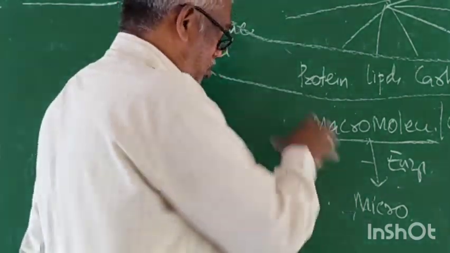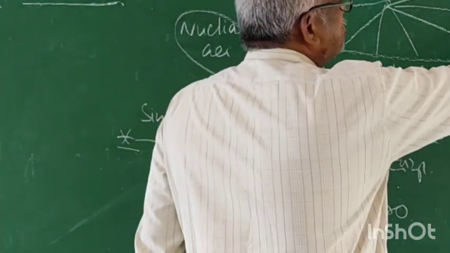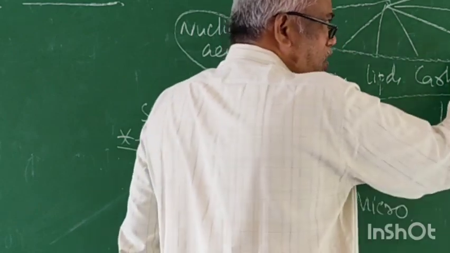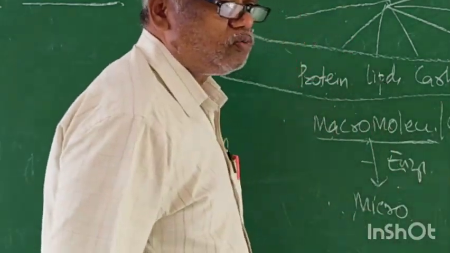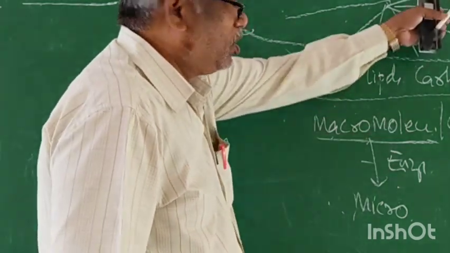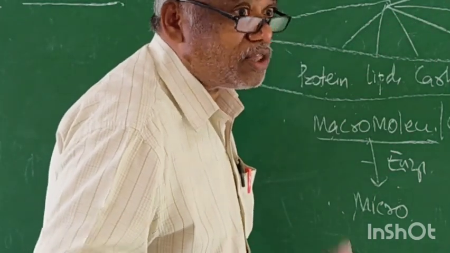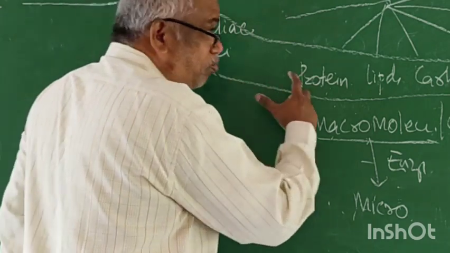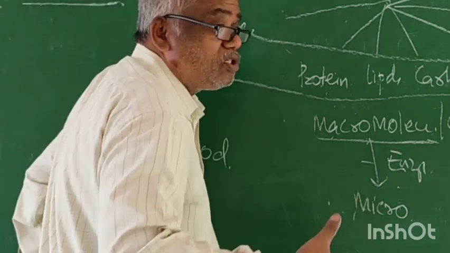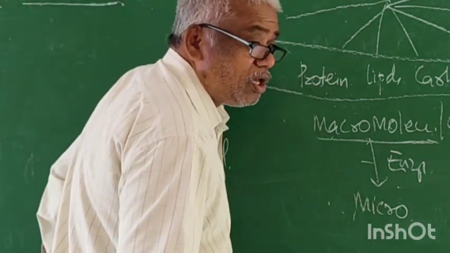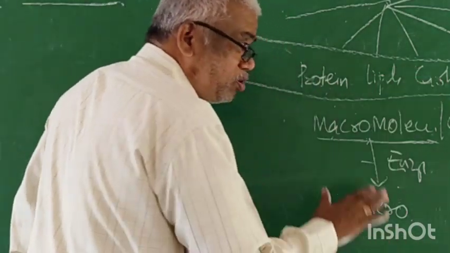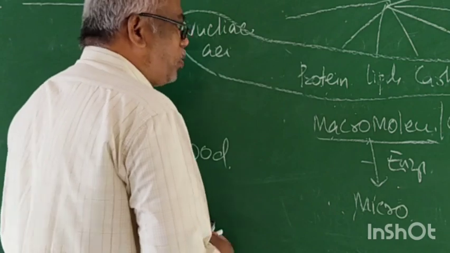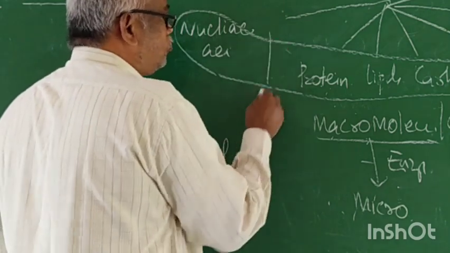But among these seven, only some are ready to enter the blood. The complex ones do not enter the blood. Due to this, these four break down from complex into simple. These are the complex ones.